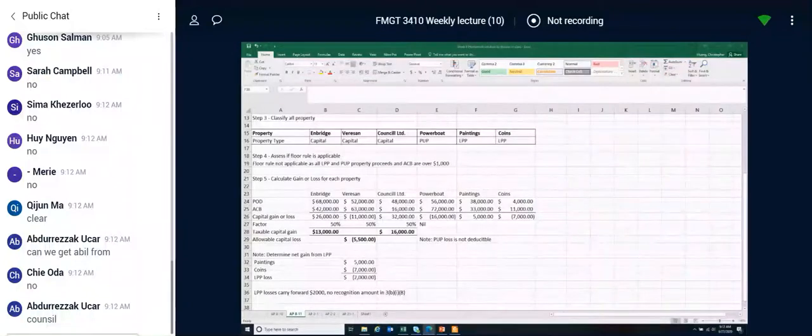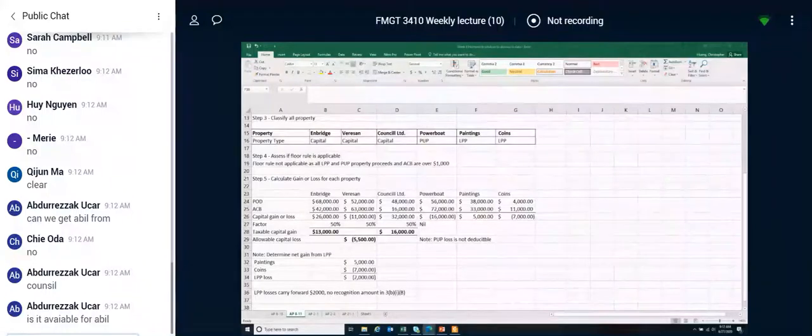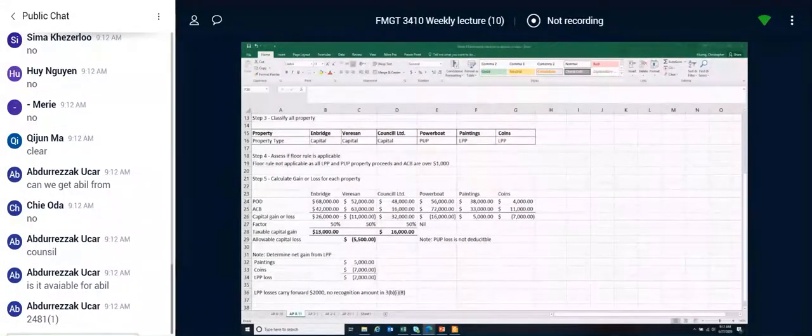Can you get an ABIL? Well, what's the trigger for ABIL? What type of share do you have to deal with? Just giving me that reference isn't in itself really going to answer the question. 241 is huge.